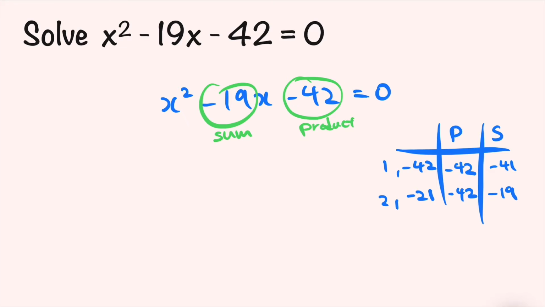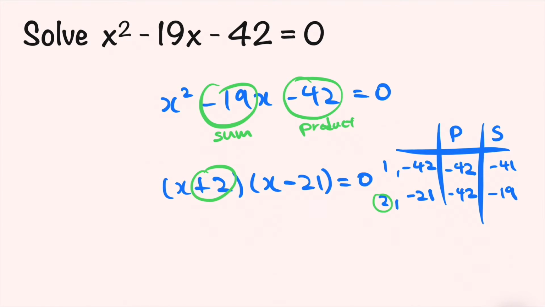So that means our equation can be rewritten as x plus 2 times x minus 21 is equal to 0. In case it helps, plus 2 came from this 2 and negative 21 came from negative 21. Okay, we still have to solve this equation.